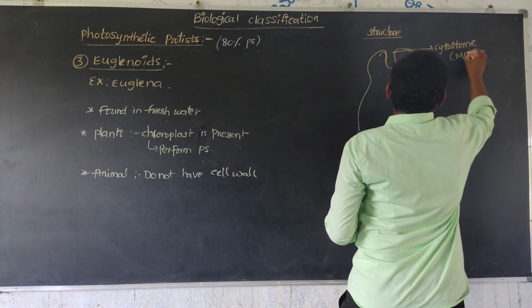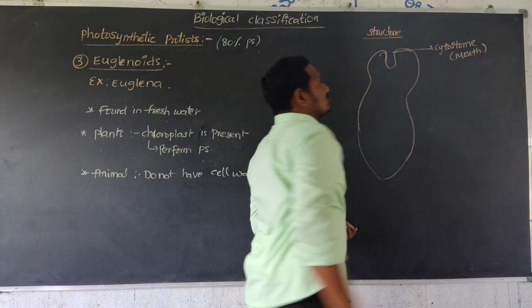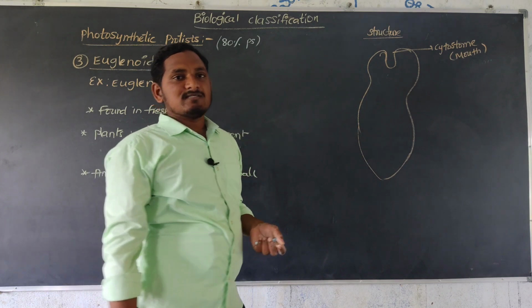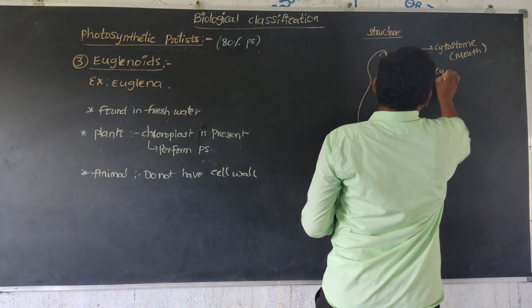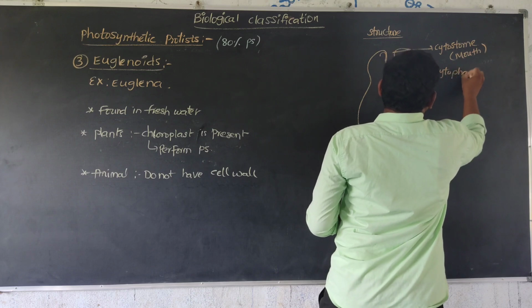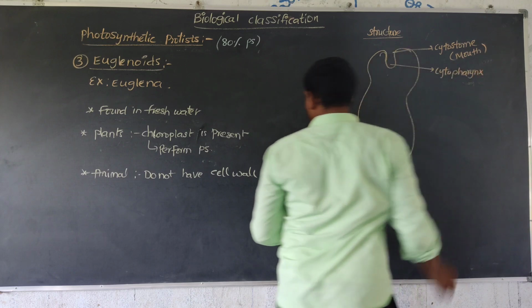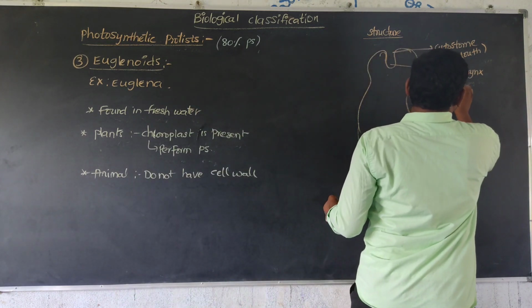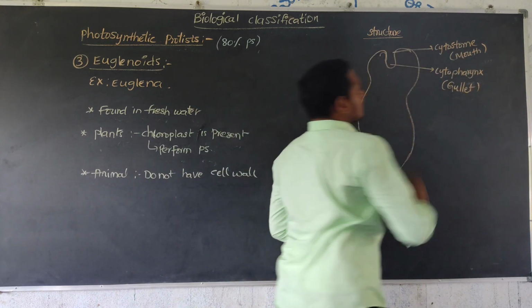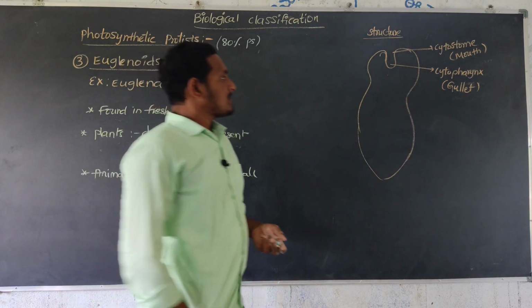Cytostome is also called the mouth. Cytostome is an opening, which is also called the mouth. Next, this place is the cytopharynx. Cytopharynx is also called the gullet, nothing but the esophagus, like that.